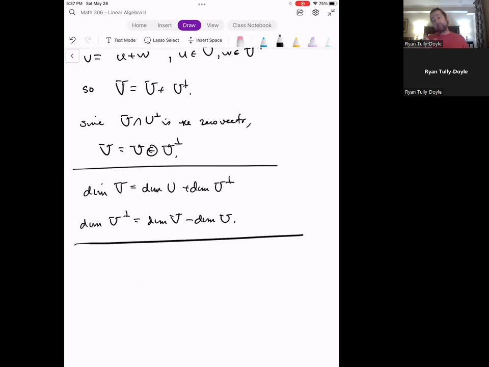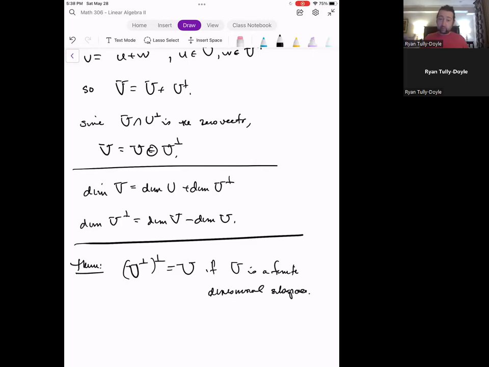And this is an argument I want you guys to read, because this is a cool idea here. If I take a space and I take its orthogonal complement, and I take the orthogonal complement of that, then I get the original space back again, if U is a finite dimensional subspace. That's a really nice geometric property.